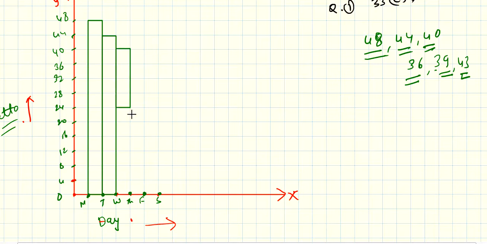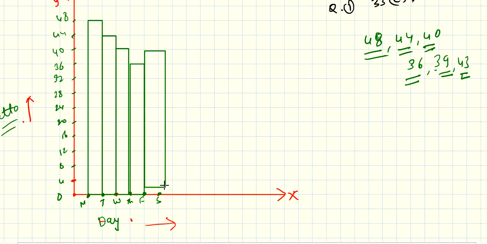So this one is your Wednesday. Then what about Thursday? 36. So here is 36. Okay. Then what about Friday? It's 39. So just one step before, just one line only. This one is 39. Okay. Then what about Saturday? Simply 43. So where is 43? There is a 43.